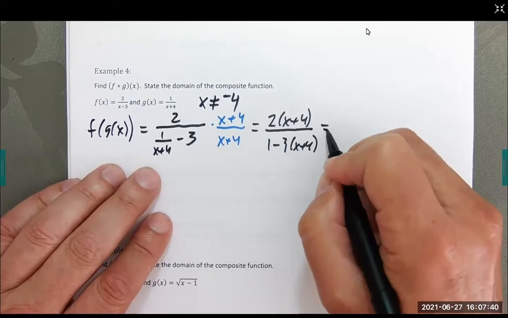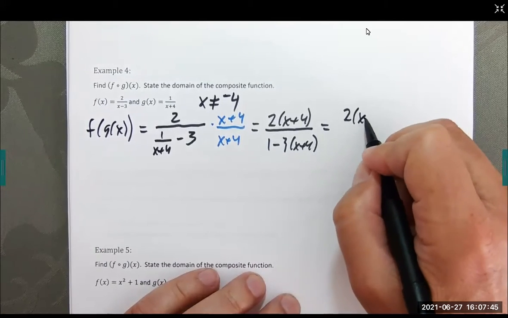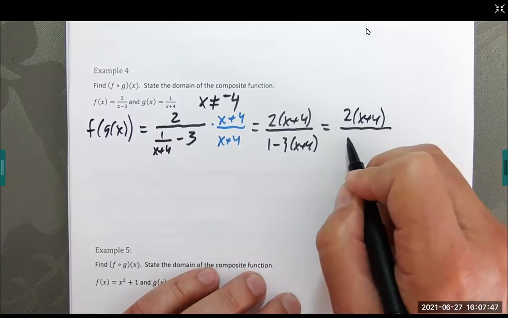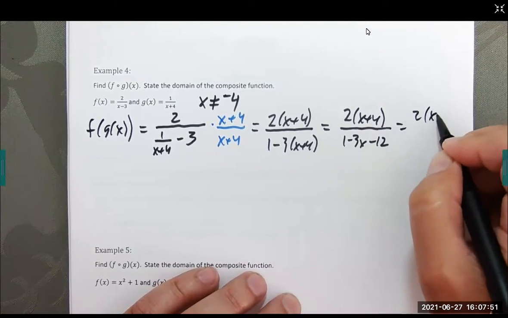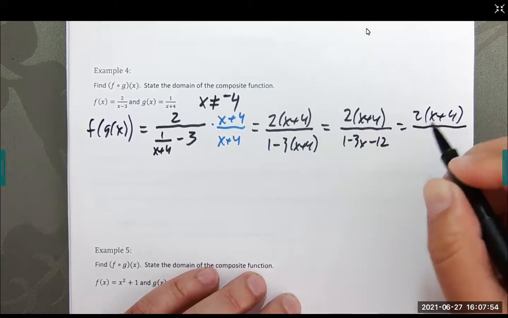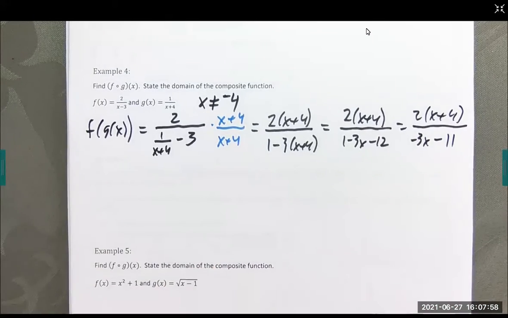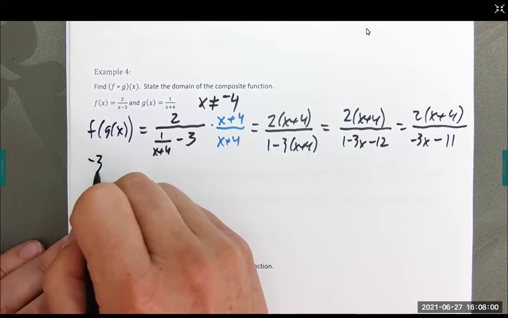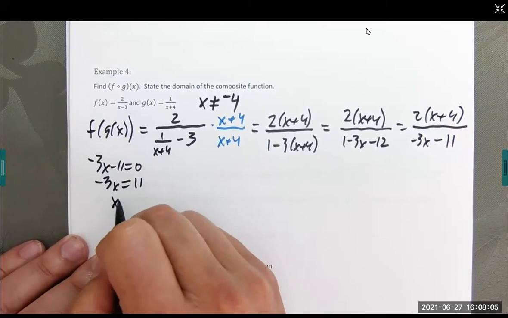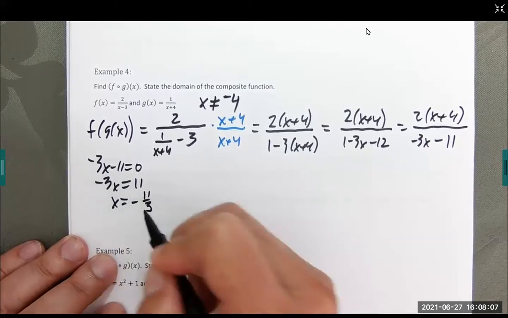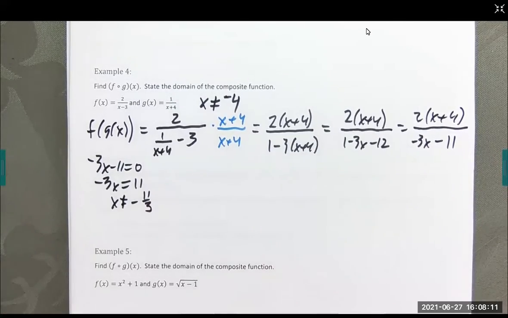The numerator doesn't matter. I need to find out what value in the denominator here is going to give me a problem. So this is negative 3x minus 11. So it looks like we're going to have a problem here. So here are the two values that we are going to have to avoid.